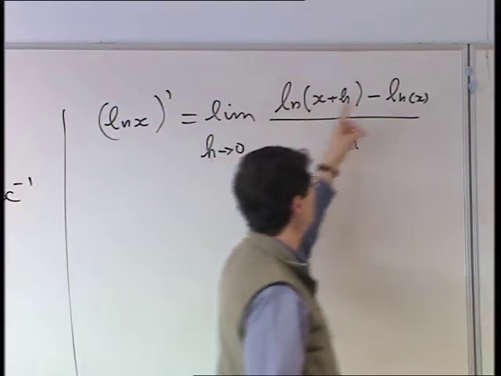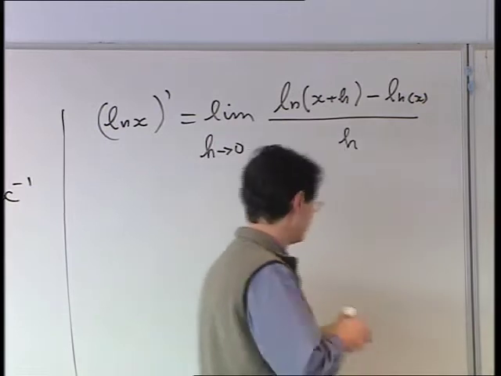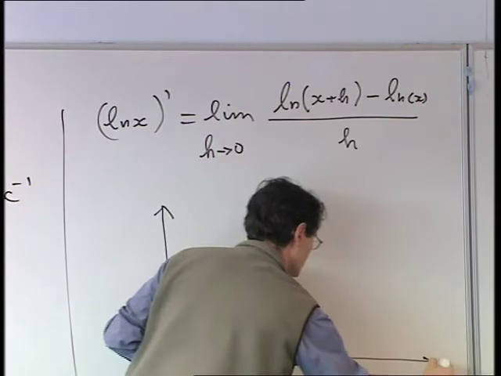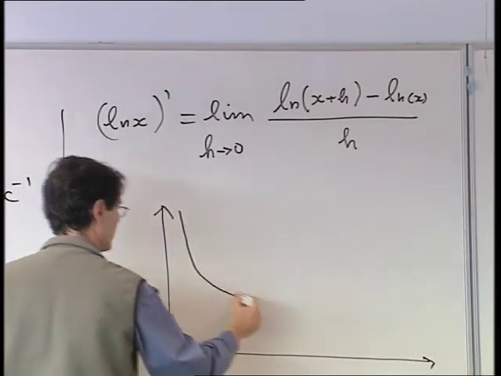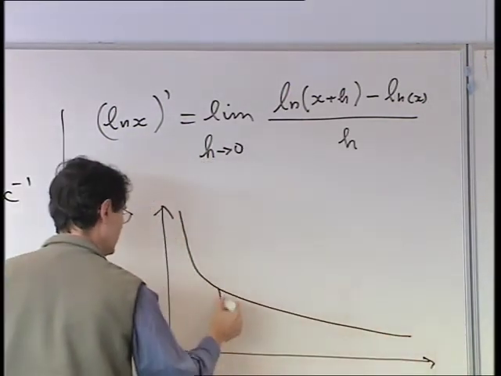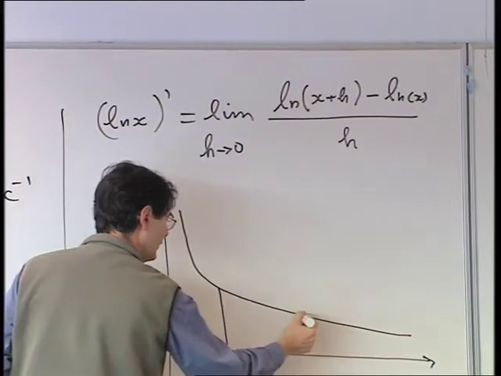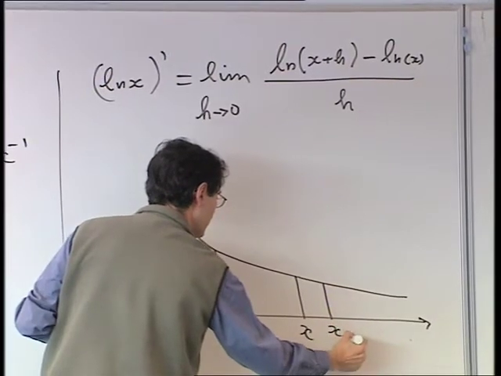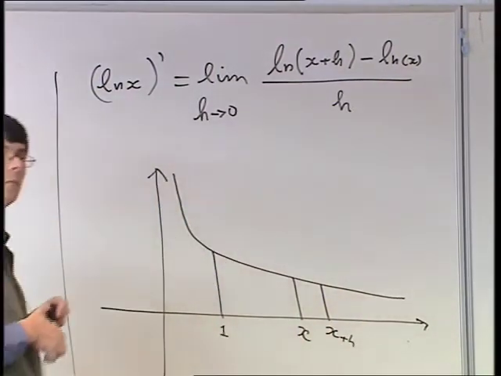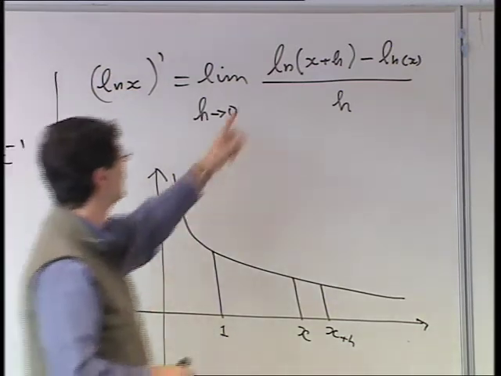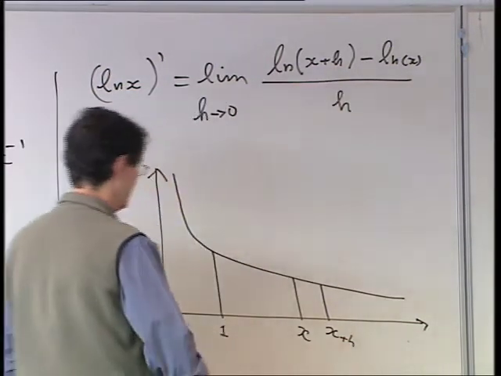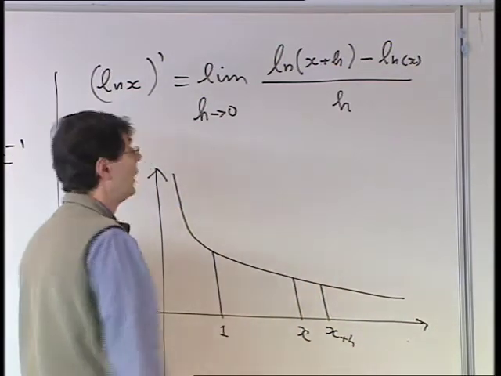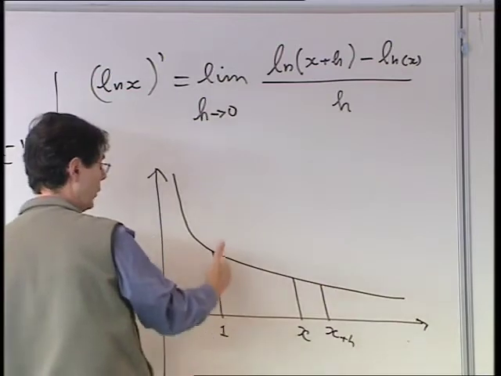I want to take a look at what this is. This is 1, this is x, and this is x plus h. Log of x plus h is the area if you go from 1 to x plus h. Log of x is the area if you go from 1 to x.